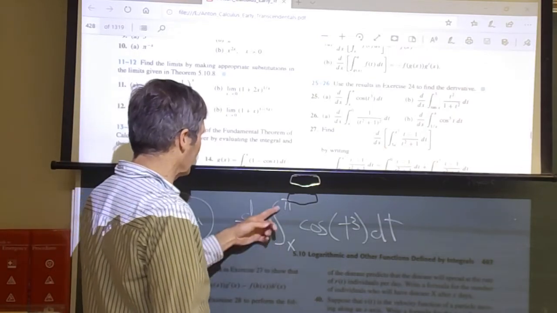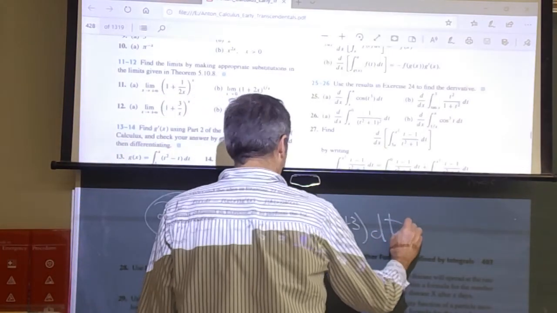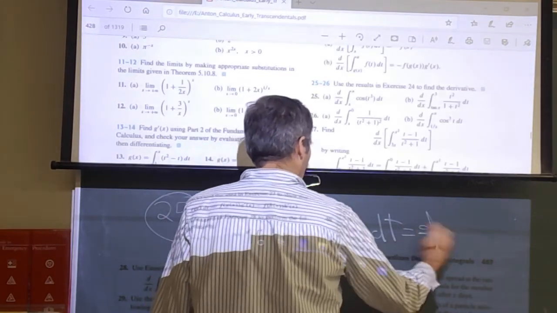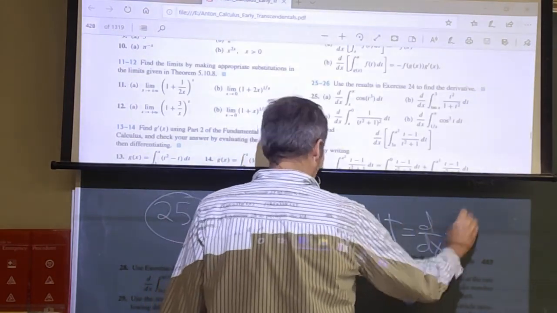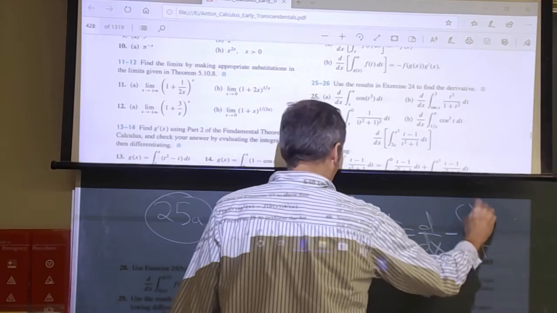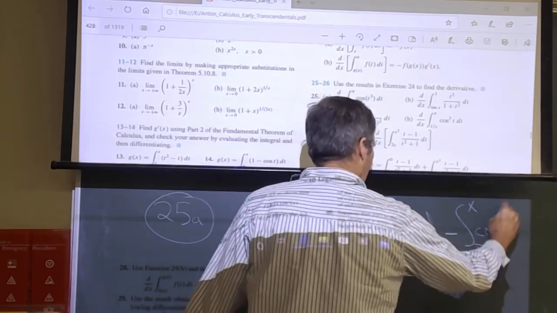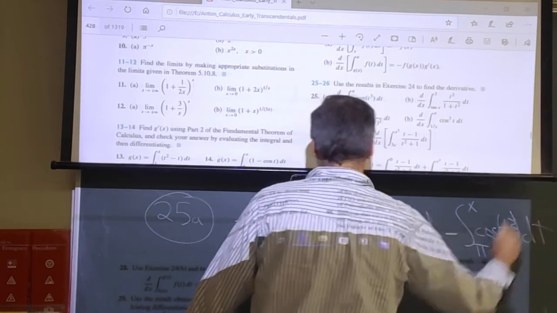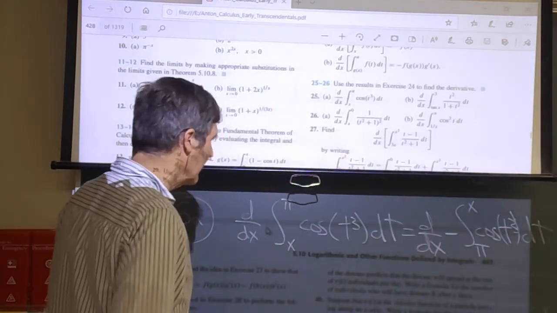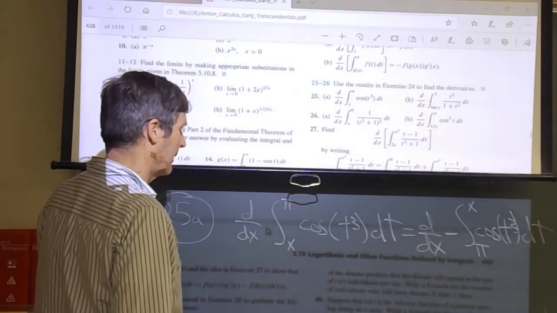Well, what you're thinking is this. I could rewrite this as the derivative of minus the integral from pi to x of cosine of t cubed dt.